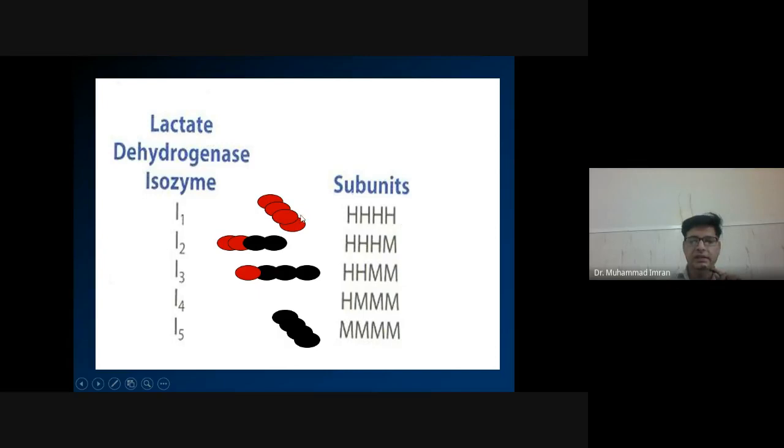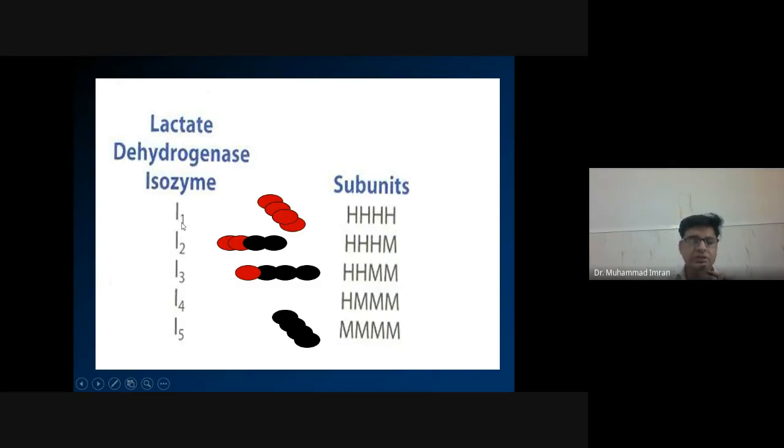So you can say LDH1, H for heart, is present in a good amount in heart. LDH3 is present in a good amount in leukemia tissues, and LDH5 is present in the muscles and liver. So we can easily identify the disease by checking the level of these isozymes in our blood plasma. Because when we have any disease like liver cirrhosis or myocardial infarction, the level of a particular enzyme is raised.